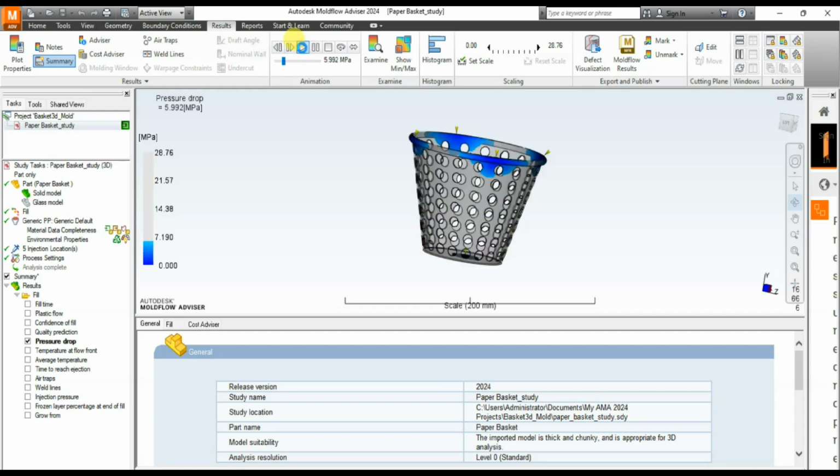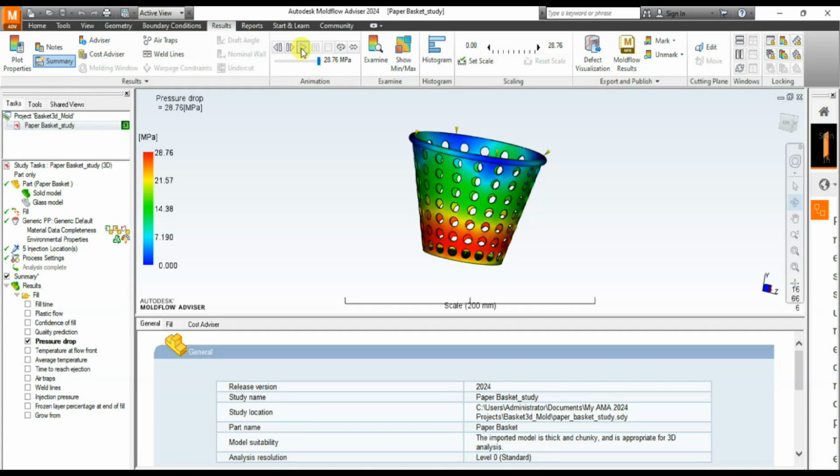Okay, these are very, very important things to take note of as far as the pressure drop is concerned. Pressure drop is very, very important. It's connected to the confidence of fill. You should take note of that. Confidence of fill again is determined by both pressure drop and melt temperature. Those are the two variables, and they are very much interconnected.